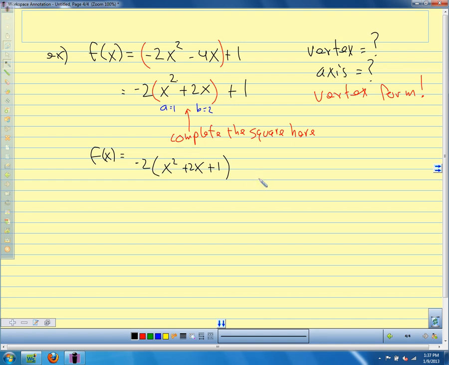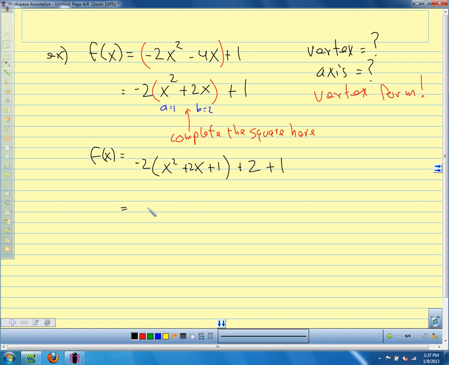So outside the parentheses I have to add that 2 back to make sure I don't do anything to my function. So I'm going to write the plus 2, because what I've got in the parentheses here is a negative 2, because this negative 2 has to distribute to this 1. So this is plus 2 plus 1. This is where we have to be careful when we have this number in front of the x squared: it is multiplying the entire parentheses.